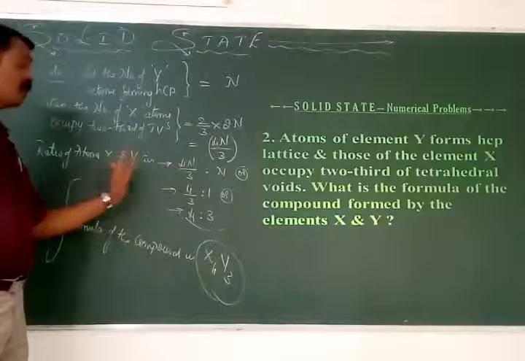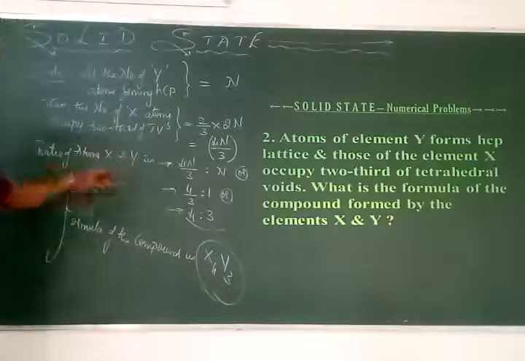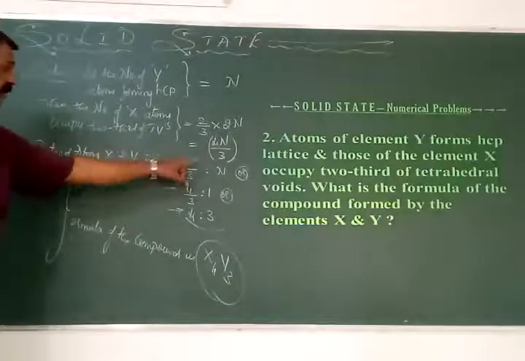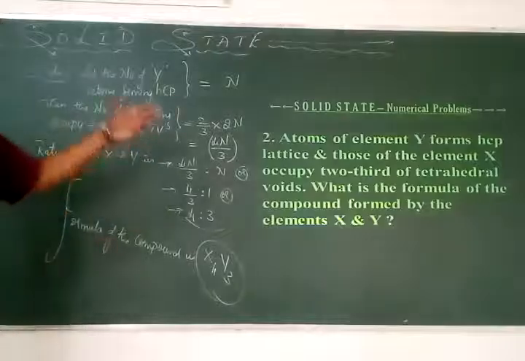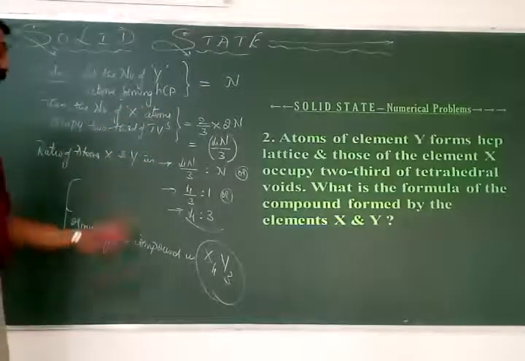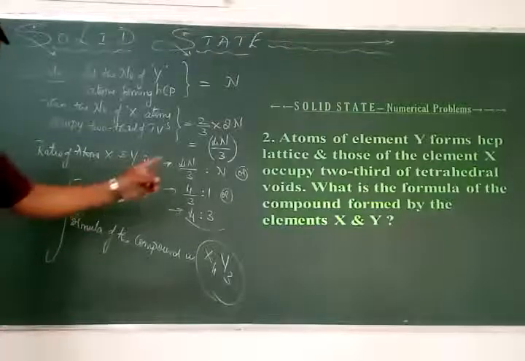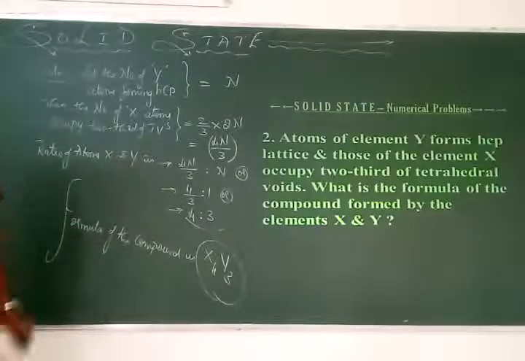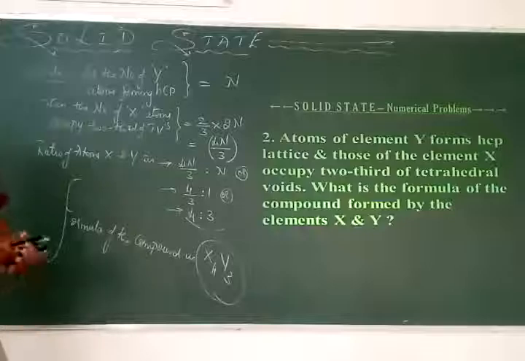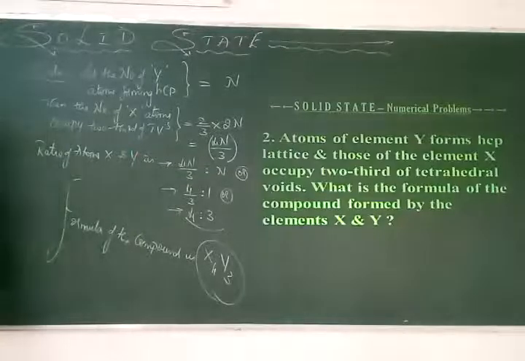Therefore, X and Y are in the ratio of 4N by 3 is to N, or 4 by 3 is to 1, or multiplying by 3, we get the ratio 4 is to 3. Hence, the formula of the compound formed by the elements X and Y is X4Y3. Okay, then let's move on to the third one here.